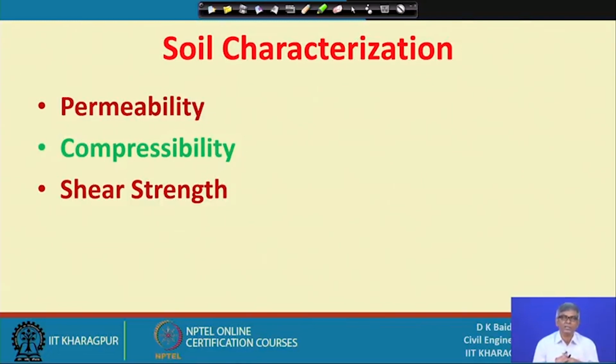Permeability means what actually? As I have mentioned, soil is a porous media, and through the interconnected voids water can pass through the soil. The ability to move water through the soil is nothing but permeability, and we do not desire the soil to be highly permeable.